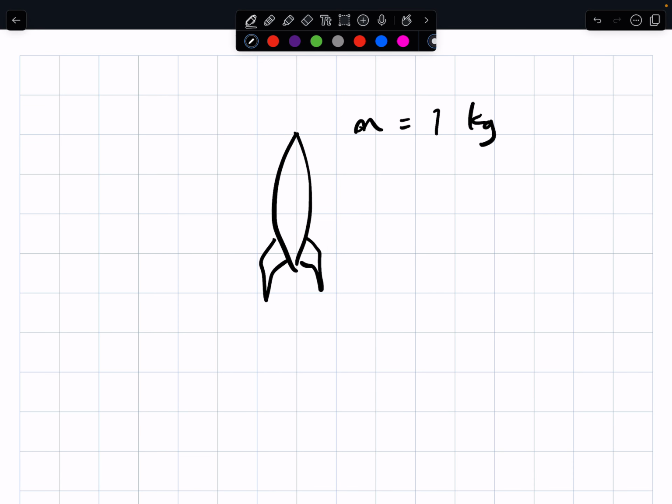And I know the engine here, by spewing out that hot gas, the gas pushes up on the rocket, and that gives it a thrust force. So let's say that that thrust force is 20 newtons. And then the question is, what is the acceleration of the rocket going to be?